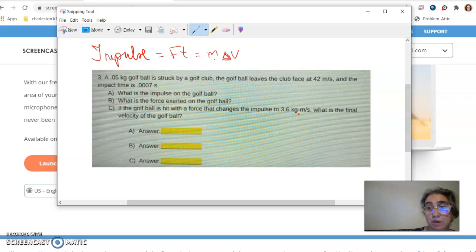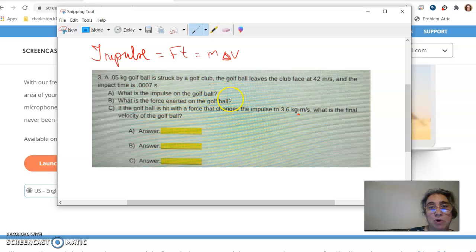The impulse can be calculated two different ways: force times the time, which we can't use since we don't know the force, or the mass times the difference in velocity. So this is what we're going to use.